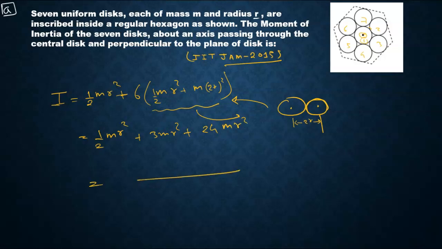So finally, taking mr square as common, 1 plus 6 plus 48. 48 plus 6 is 54, plus 1 equals 55. So 55 by 2 mr square, and that is the final answer.